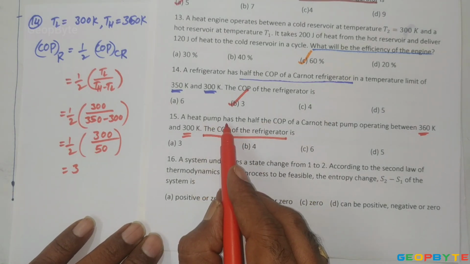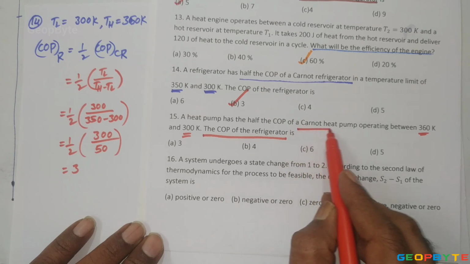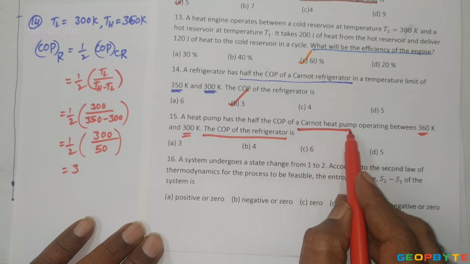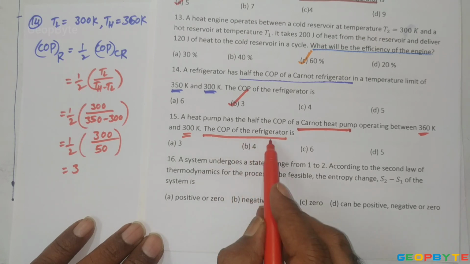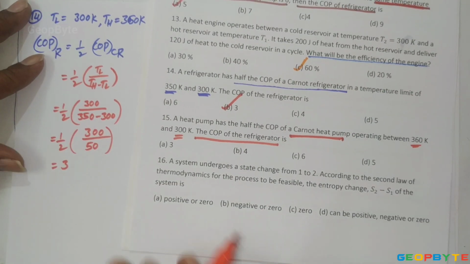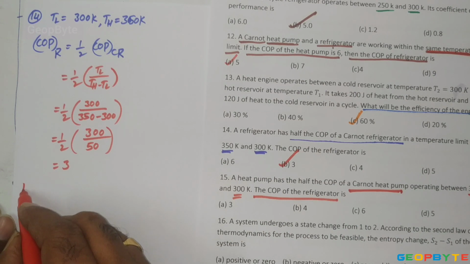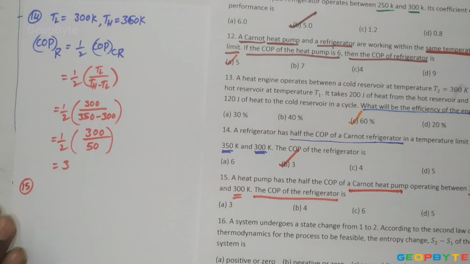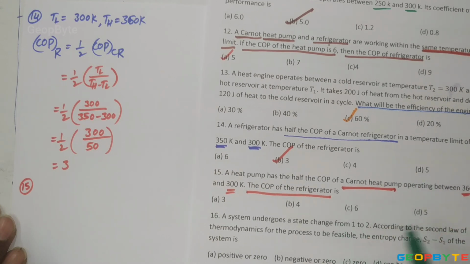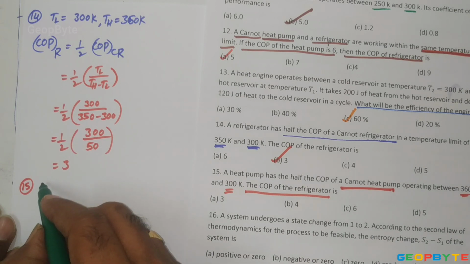Okay, it is given like this. Actual COP of the heat pump is half of the Carnot cycle heat pump COP. Then you are asked to decide COP of the refrigerator. It is like this. Fifteenth problem is temperature limits are lowest temperature 300, highest temperature 360.